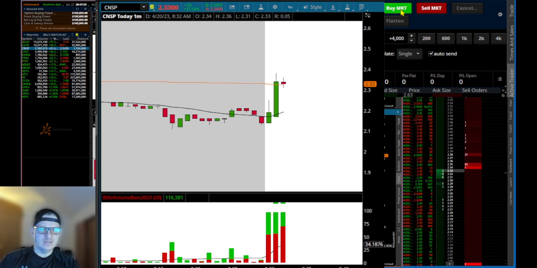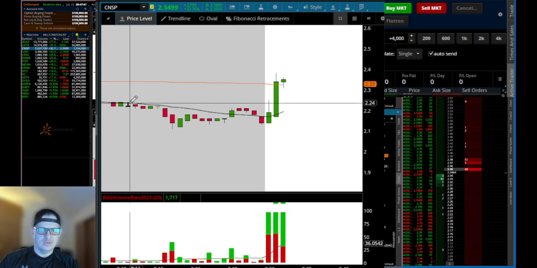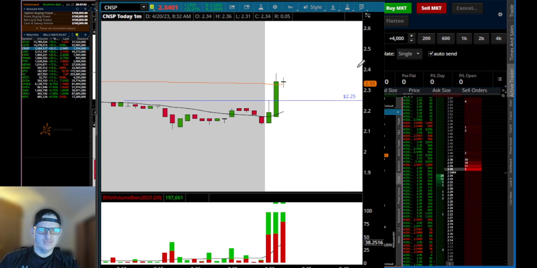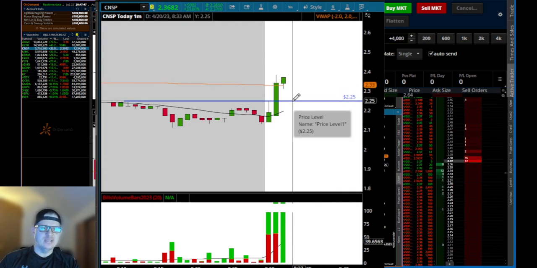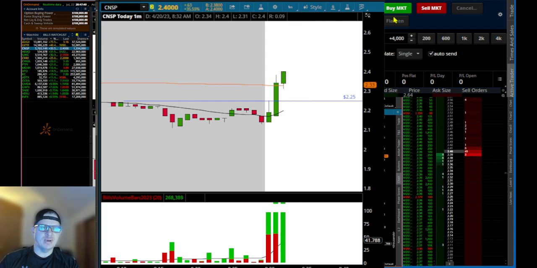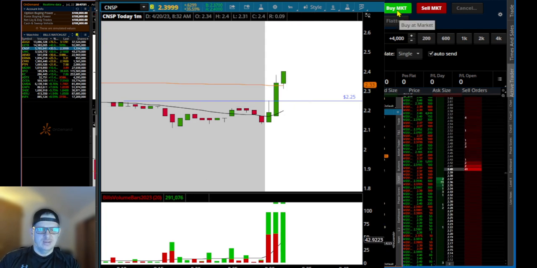So I'm going to wait. I'm looking for a little bit of a retrace in the price action. See the support level right here at 225. If it happens to retrace, that's going to be a decent level for it to come back to buy in.